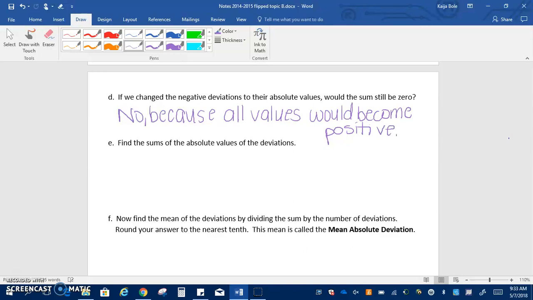Part E says to find the sums of those absolute values of the deviation. So we know that one sum was positive 22, so the absolute value of positive 22 is just 22. And then the other one would be the absolute value of negative 22, which would again be 22. So if we added those together, 22 plus 22, we would get 44.